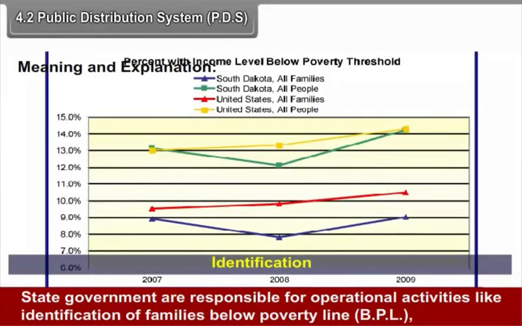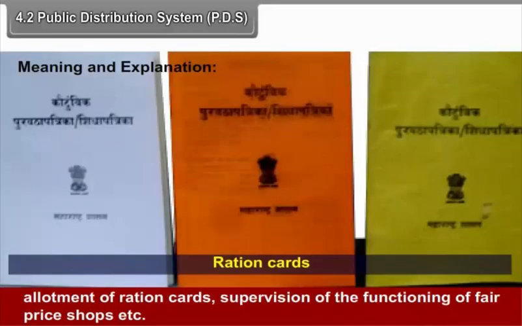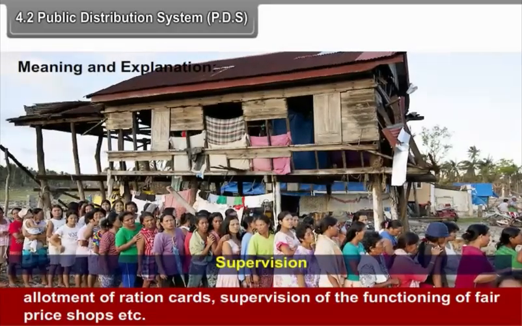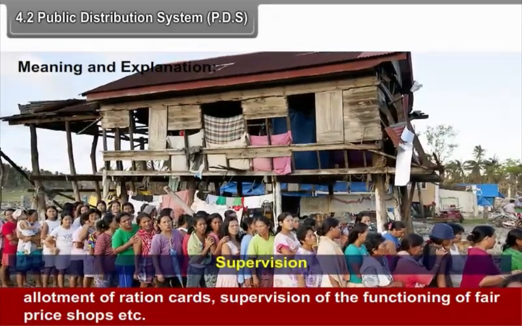State governments are responsible for operational activities like identification of families below the poverty line, allotment of ration cards, supervision of functioning of fair price shops, etc.